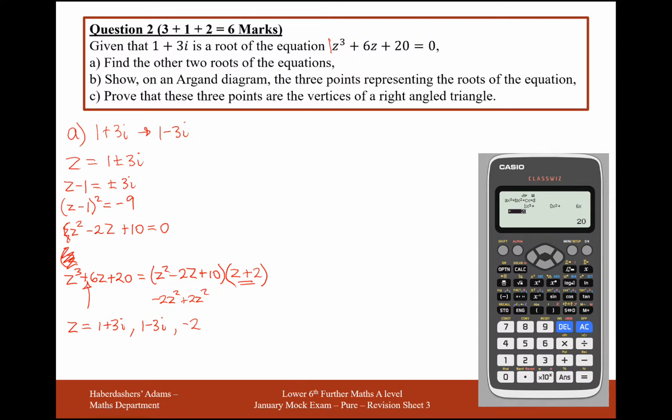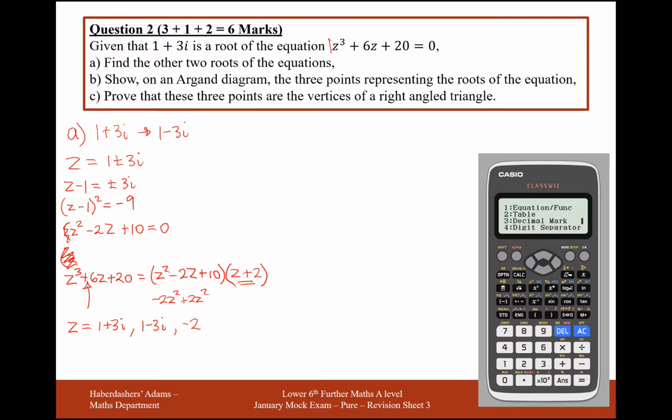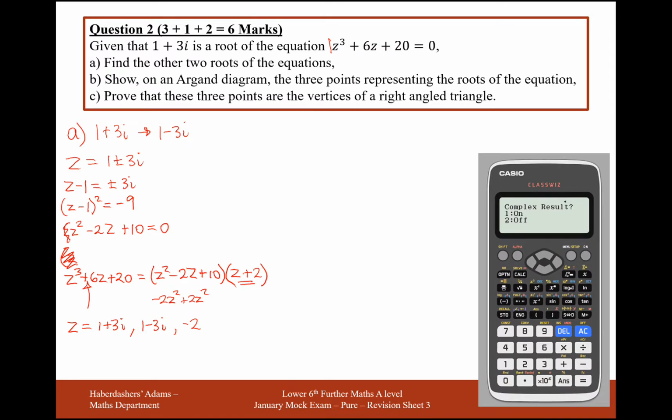There's no z's, it's x's, but it doesn't really matter. Press enter, but first before you do that, make sure that shift and then setup, scroll down twice and go to equation/function, press enter, so option 1 here, and then tick on complex numbers, so select option 1 here.